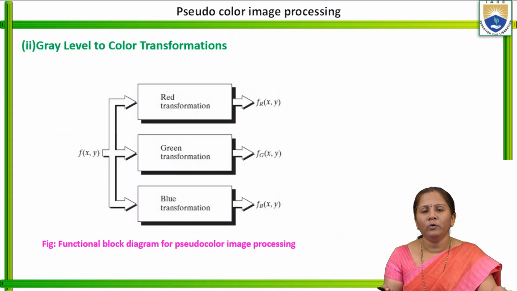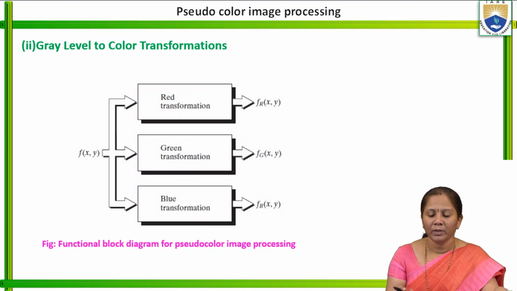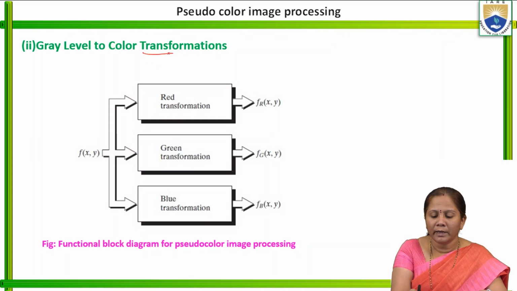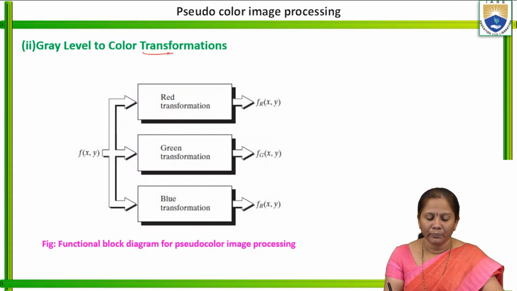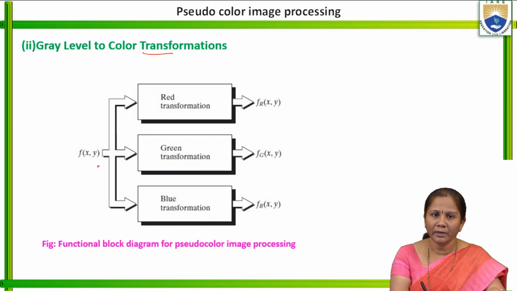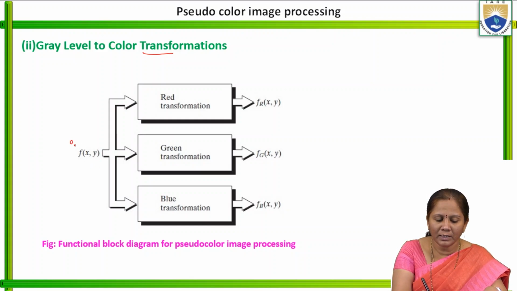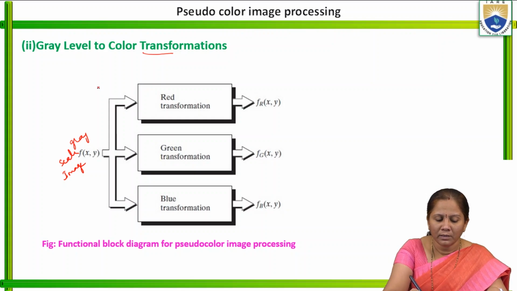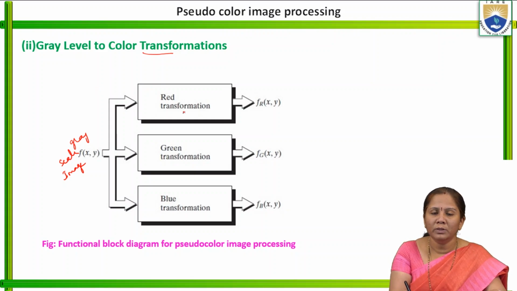So this is how we perform pseudo color processing using intensity slicing. For pseudo color processing, the second technique is gray level to color transformation. Here this is f of x comma y, a grayscale image, and this grayscale image is passed through 3 different transformations.